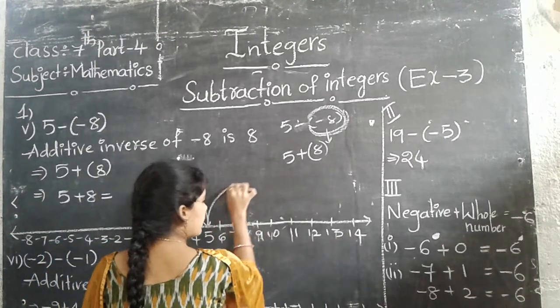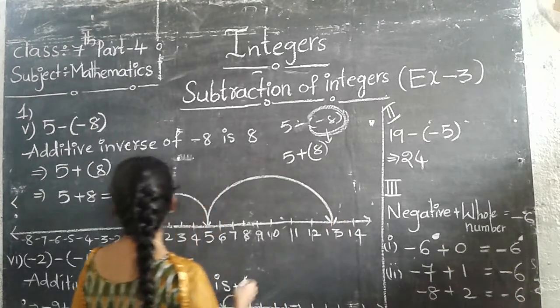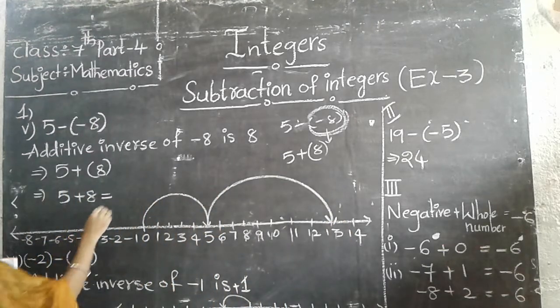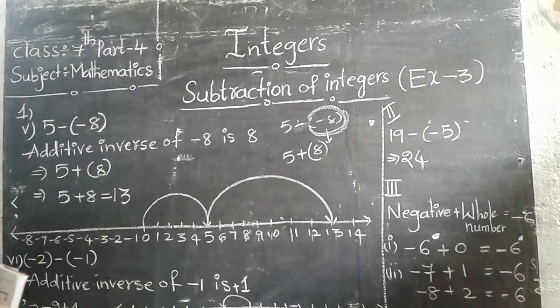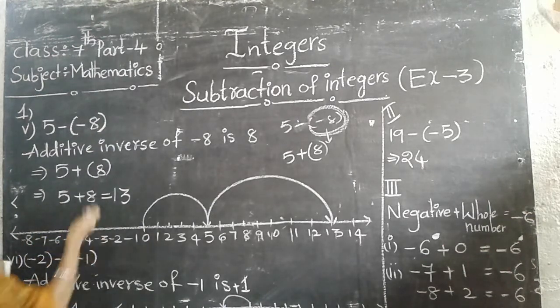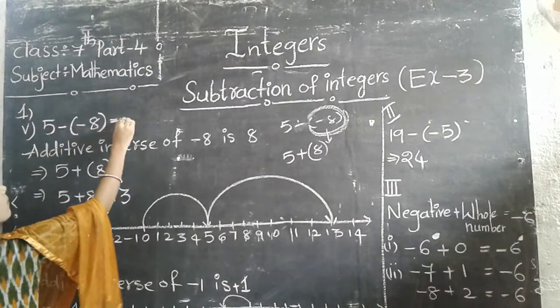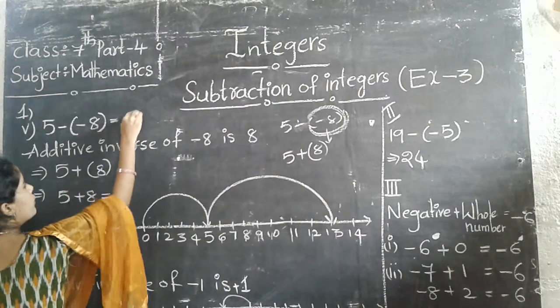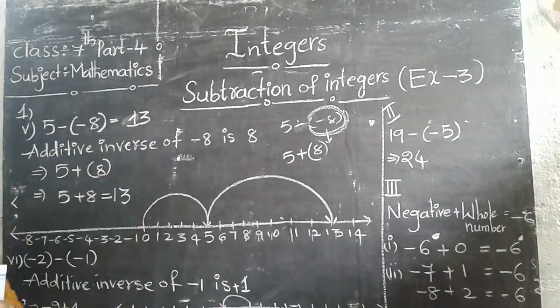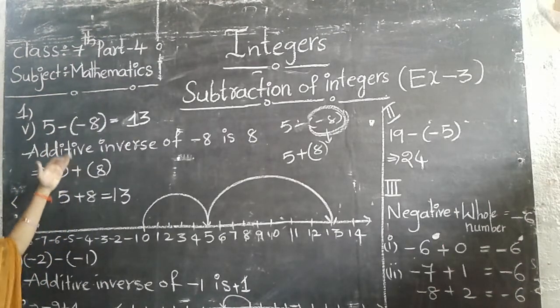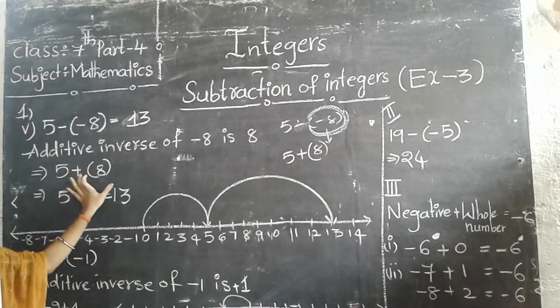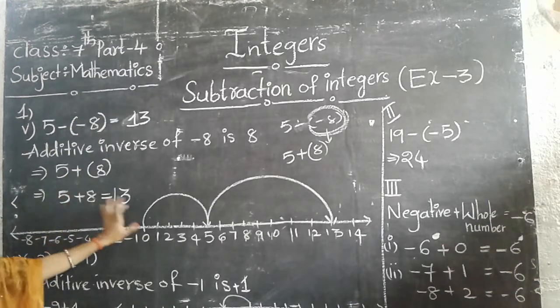Where is it? That is 13. So what is the answer? 5 plus 8 is 13. In the same way, 5 minus of minus 8 equals 13. We just simplify into addition, after finding the additive inverse of the second digit. Finally we get the answer.